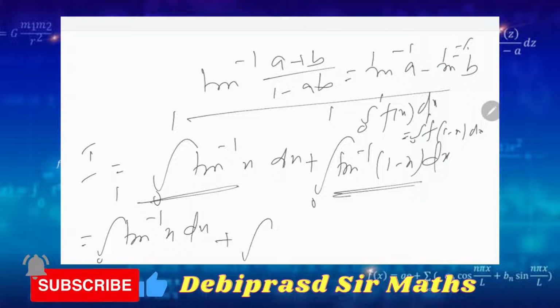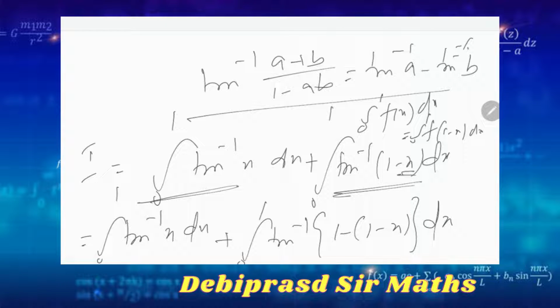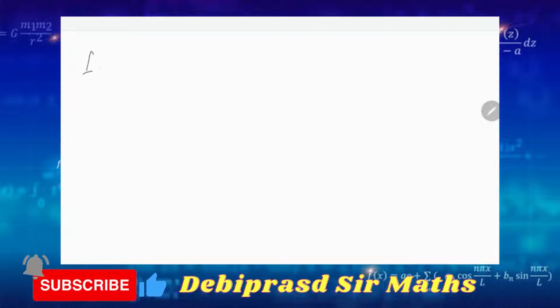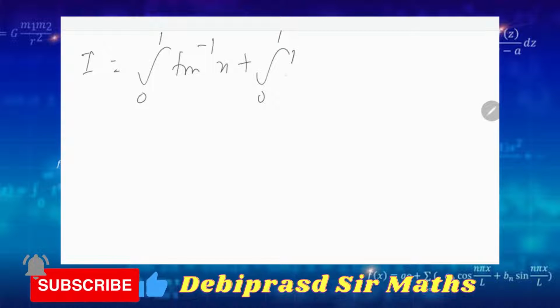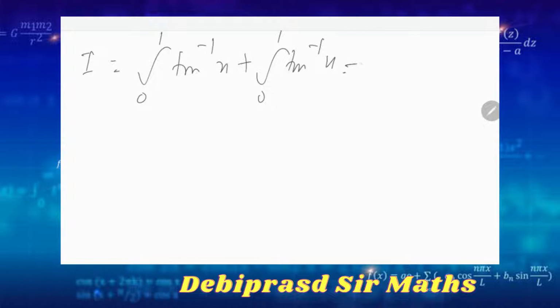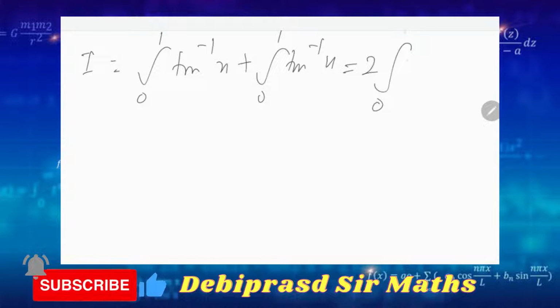So I will write 0 to 1 tan inverse of 1 minus, in place of x, 1 minus x dx. Okay. So what will I get? I will go to the next slide. I will get I is equal to 0 to 1 tan inverse x plus 0 to 1 tan inverse x. That means 2 times integral 0 to 1 of tan inverse x dx.